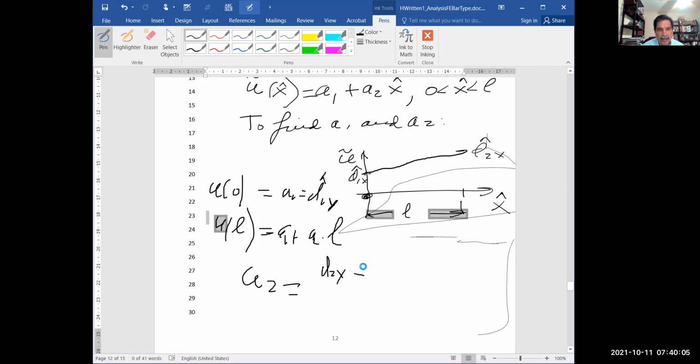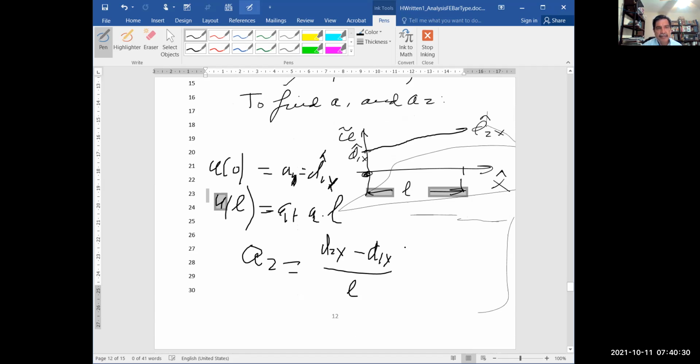So it's going to be minus A1, is equal to D1X, and we divide it by L. There. So we have A1 equal to D1x, and A2 equal to this ratio.